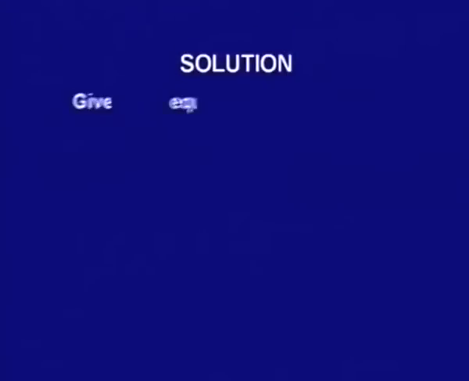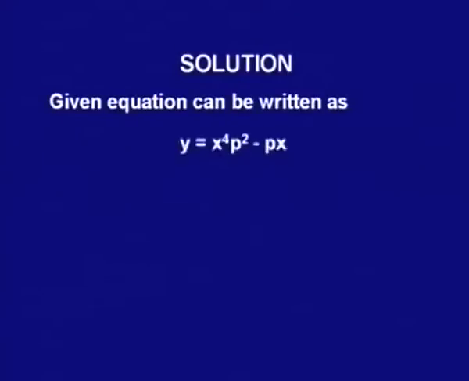Now, see how we are going to solve using this technique. This given equation we can write as y is equal to x to the power 4 p square minus px. So, now we can write this equation as y is equal to some terms of x and p. Here p is of course y dash.